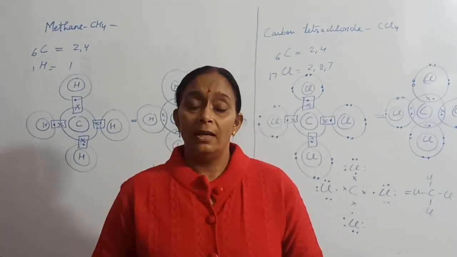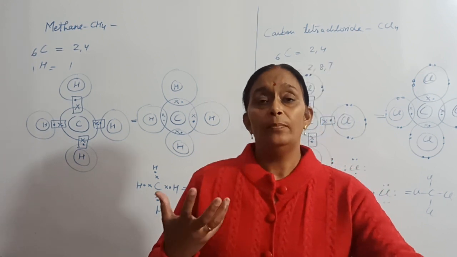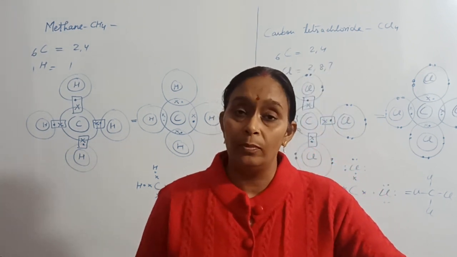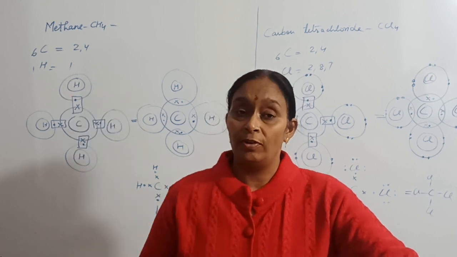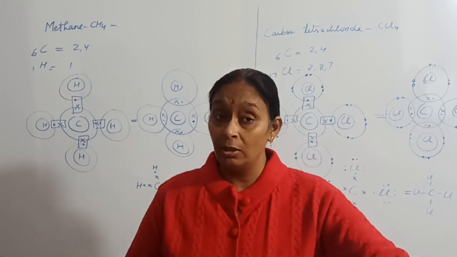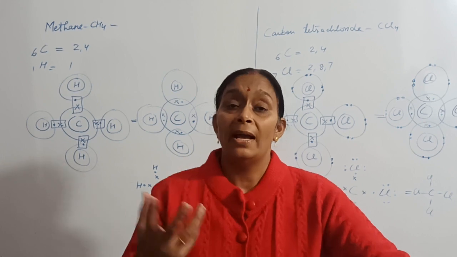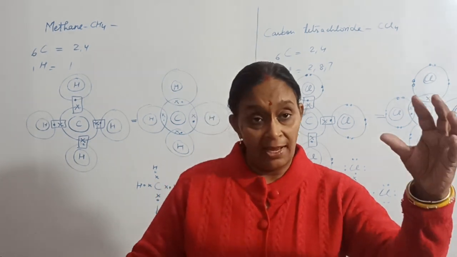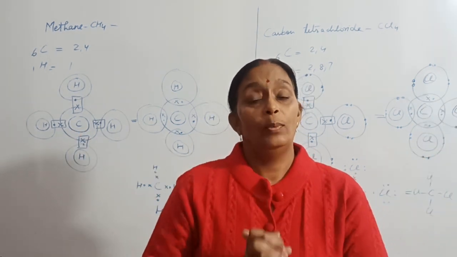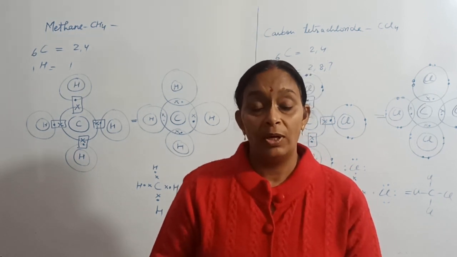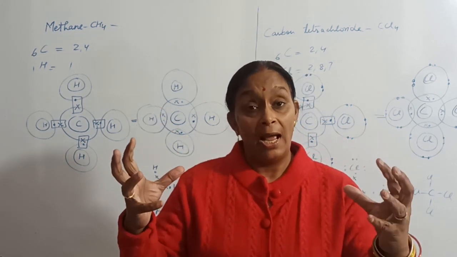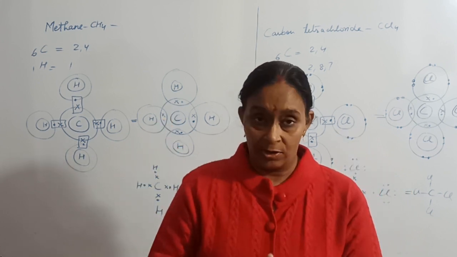Now let us see some properties of electrovalent and covalent compounds. Electrovalent compounds, I have told you, are formed by transfer of electrons from metal to non-metal, and thus cations and anions are formed. When those cations and anions come closer, the electrovalent compound is formed. The cation and anion have strong forces of attraction between them.